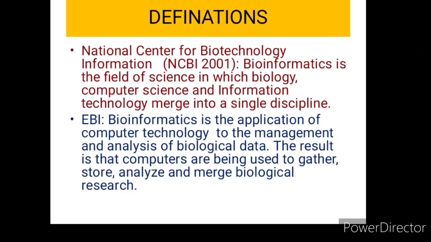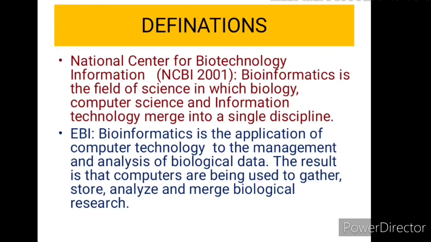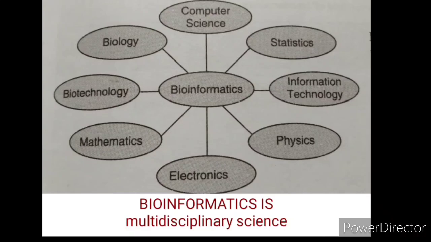There are three important sub-disciplines within bioinformatics: the development of new algorithms and statistics with which to assess relationships among members of large data sets; the analysis and interpretation of various types of data including nucleotide and amino acid sequences, protein domains, and protein structures; and the development and implementation of tools that enable efficient access and management of different types of information. So, bioinformatics is a multidisciplinary approach.